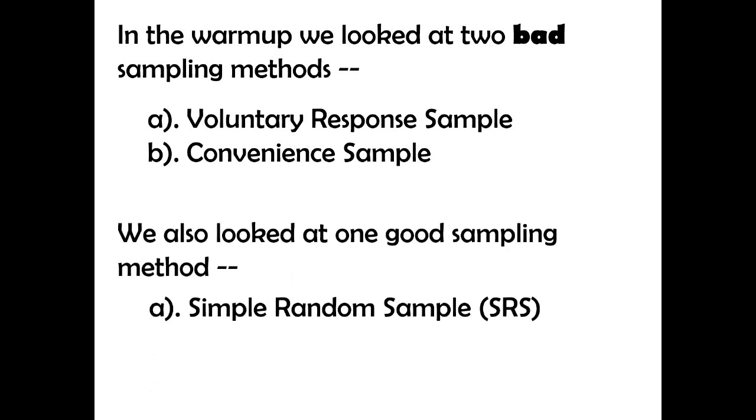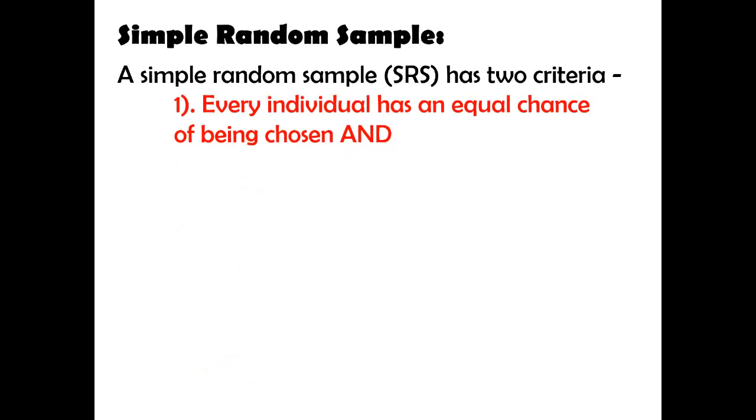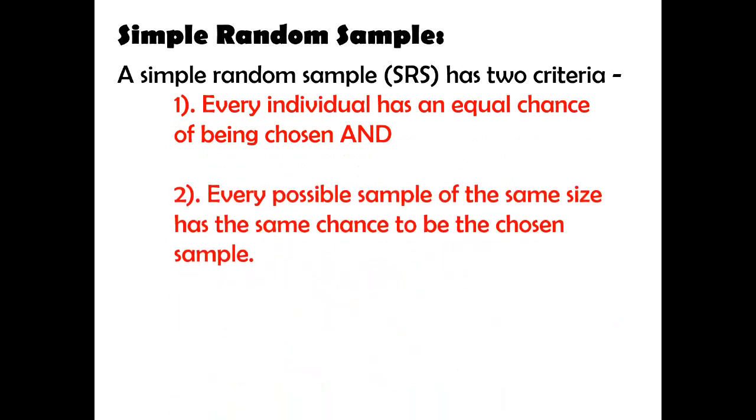The one good sampling method is an SRS, or a simple random sample, and that's what we're going to be exploring in these notes. So in order to be considered a true simple random sample, number one, each individual has to have an equal chance of being chosen, and number two, each group from the population has to have the same chance of being chosen.